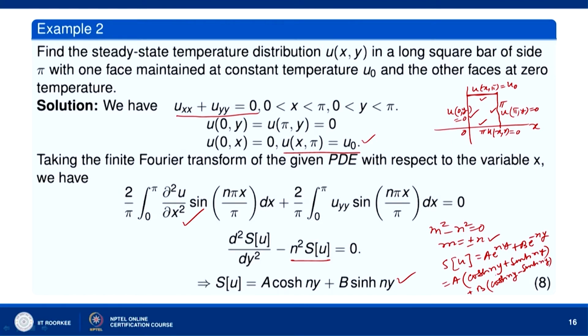So, collecting the coefficients of cosh(n y) and sinh(n y) and using new arbitrary constants, we can write S of u as this.